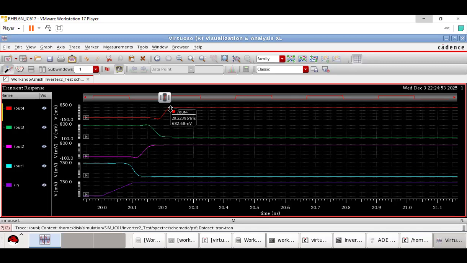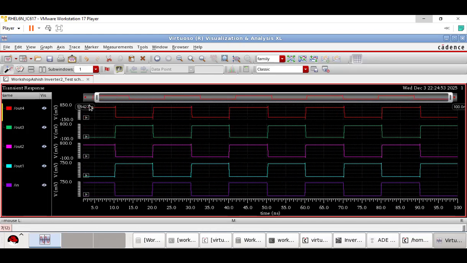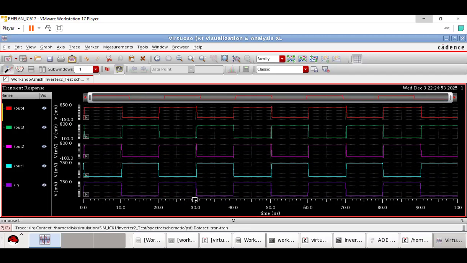So every inverter is adding up some delay. But the point is, we cannot rely upon the random values. We need to find the exact value, right? So let us see how to compute the delay.